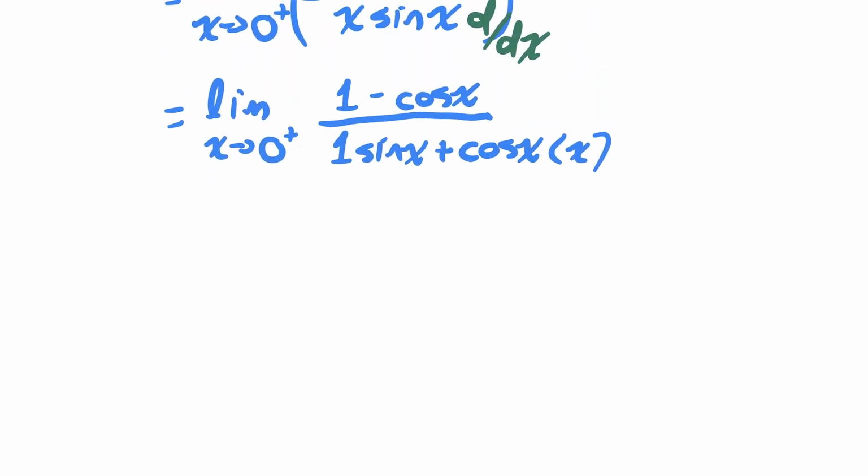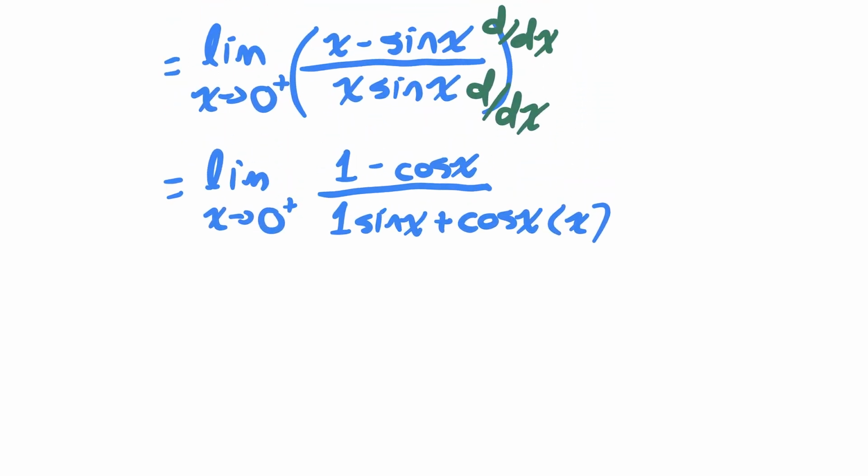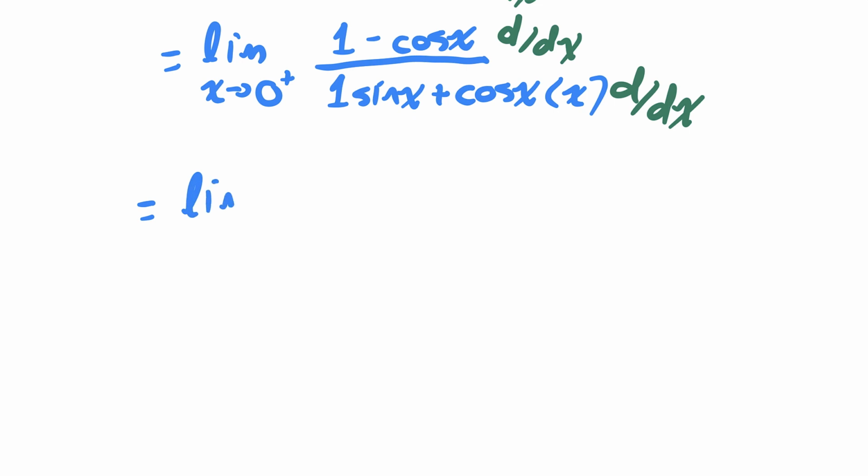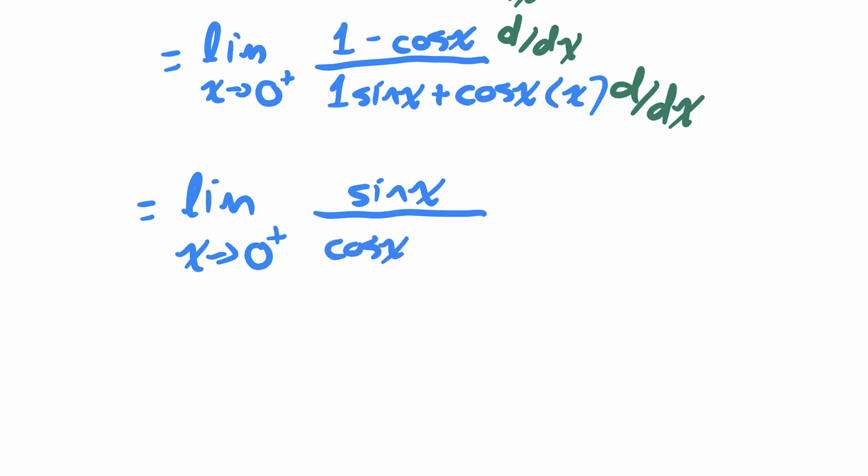So with L'Hopital's rule, I can once again differentiate the function in the top and the function in the bottom separately. So the limit is still going to be equal as x approaches 0 from the right of the derivative of the numerator divided by the derivative of the denominator. The derivative of the numerator, well, the derivative of negative cos x is sine x. In the denominator, the derivative of sine x is cos x.